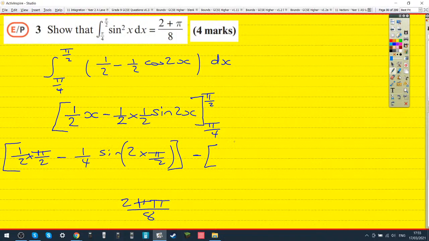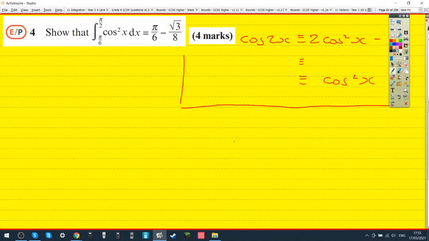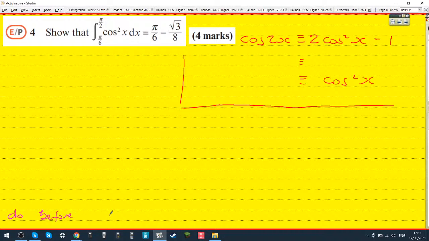So sine squared x is the same as a half minus a half cos 2x. What is cos 2x the same as? Using the formula, it's 2 cos squared x minus 1. Make cos squared x the subject. So cos 2x plus 1, and then cos squared x equals cos 2x plus 1 all over 2.